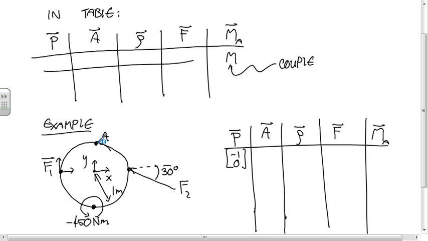Okay, so the about point then is 0, 1. To get rho, you subtract, p minus a, so that's negative 1, negative 1. The force vector is F1, x and y components. So negative F1y plus F1x.